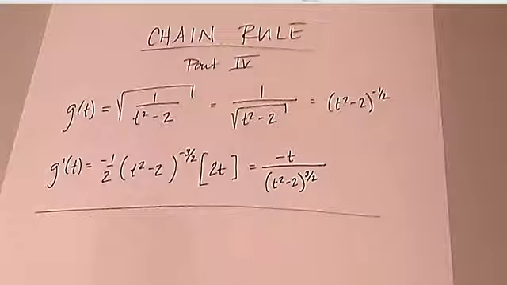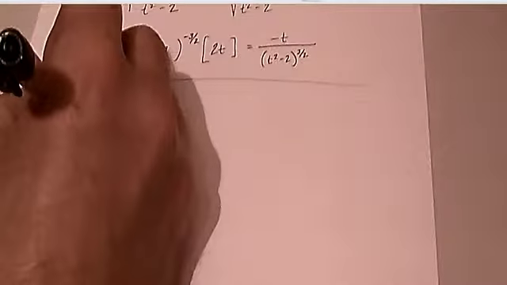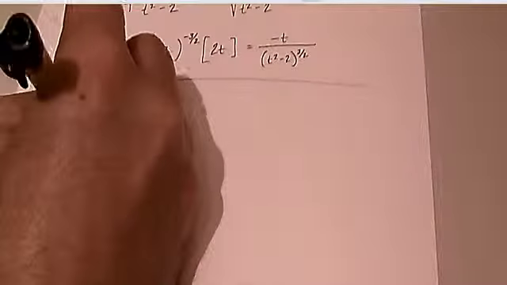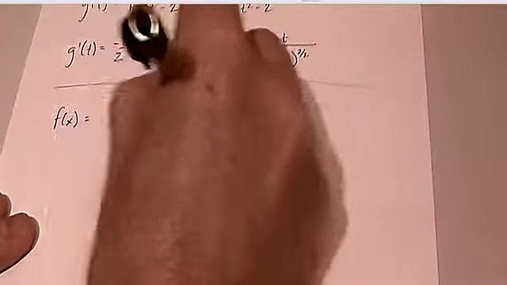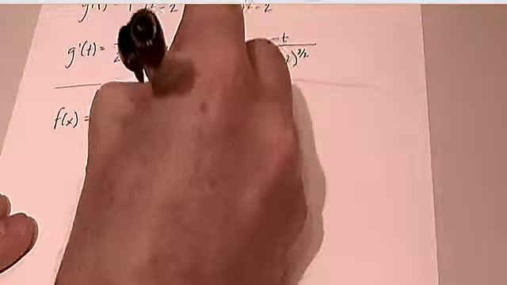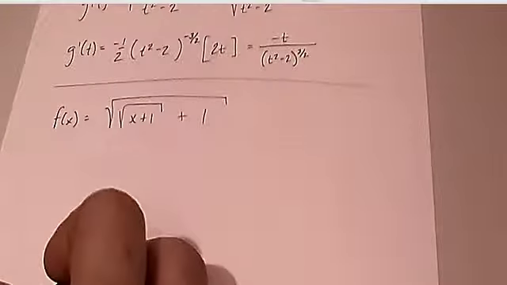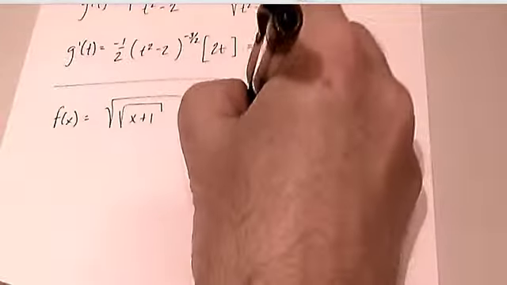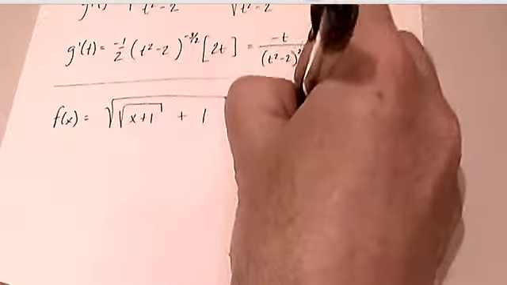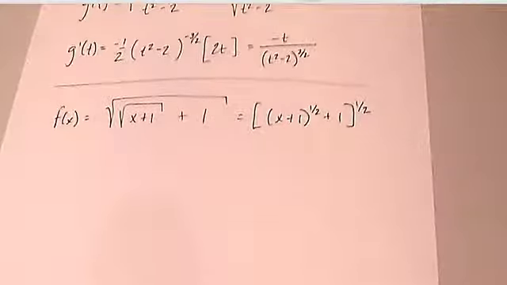There you go. Okay? Now, let's do one that's maybe a little bit more difficult. Let's see. f of x is equal to... Okay. And of course, this is what's known as nested radicals. And of course, the first thing I'm going to want to do is turn all of this into exponents.